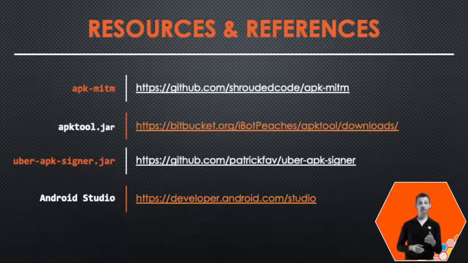So there's a GitHub here at Shrouded Code, and this is a Node.js package, so you do need to have Node running, obviously. And the GitHub repo there has a very nice walkthrough. Basically, once you have Node and the Node Package Manager, NPM, installed on your Mac or Linux device, and of course you can do this in Windows as well, you just run npm install apk middle and you're set.